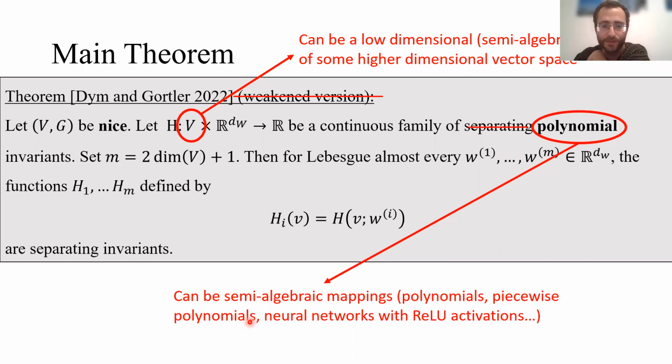But that comes with a small price, where we actually have to replace this notion of separating with something called strongly separating, which maybe we'll not go into unless someone really wants us to. Okay, well, that's that.